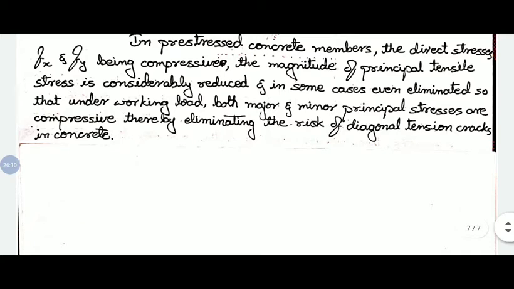Here we have discussed the analysis of shear: how the shear stresses develop, how the principal tensile and principal compressive stresses develop, and based on these stresses how cracks develop and what the orientation of the cracks is depending upon the principal stresses.